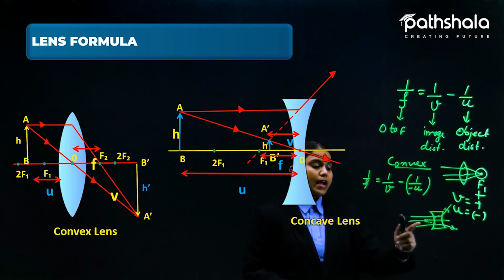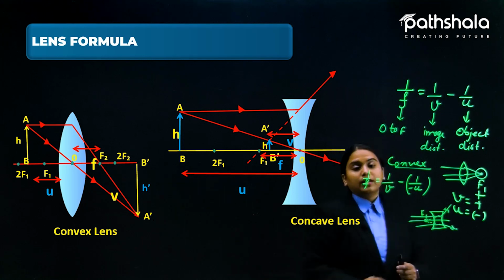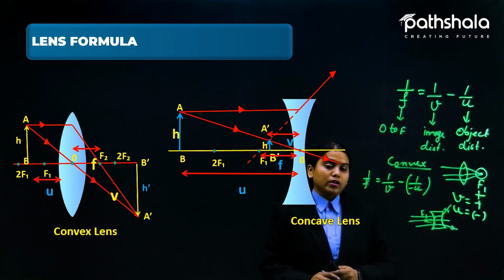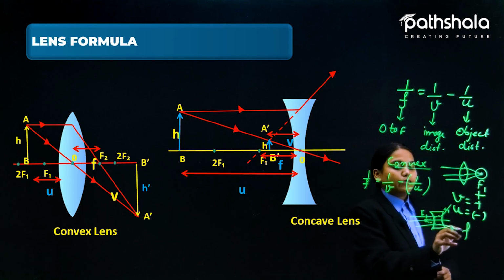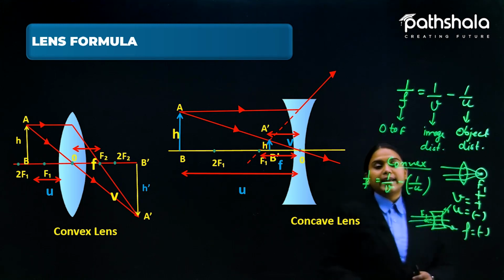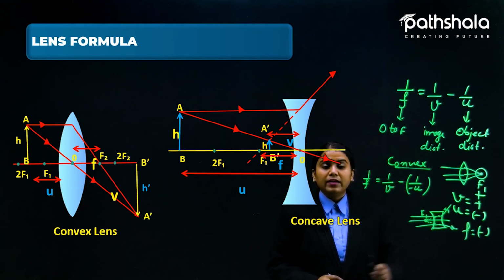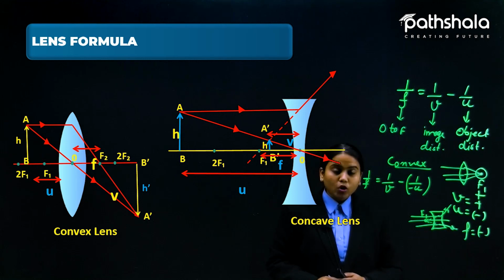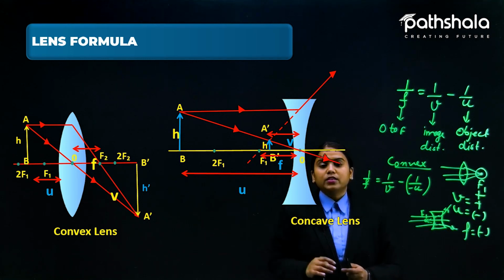So here we are having the focus, that is f1. This is the primary focus for this. So we can say that in the case of the concave lens we are having a negative focal length. The object distance would be negative in this case too.